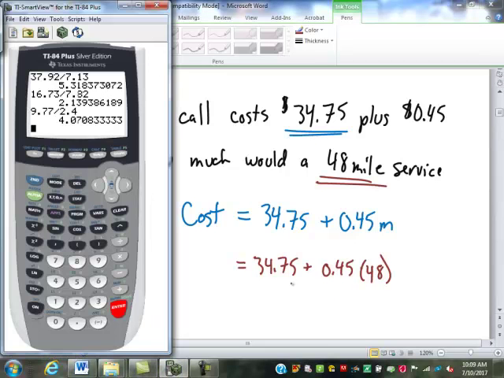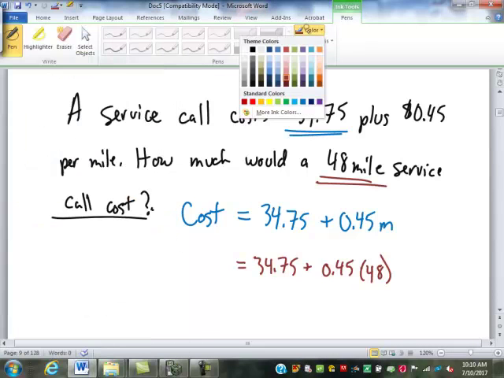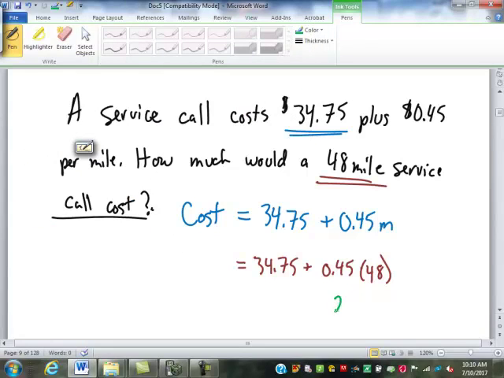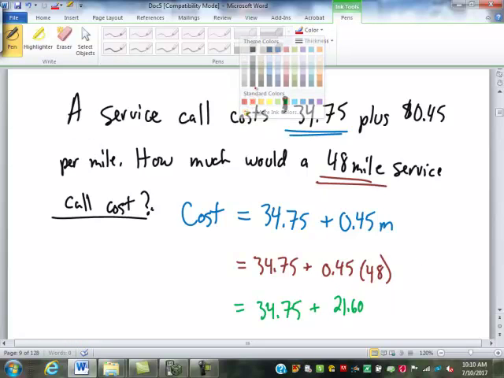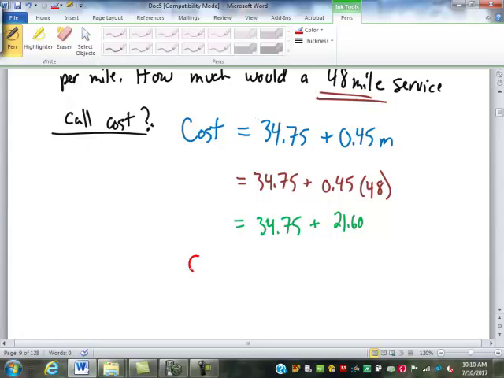So 0.45 times 48 is $21.60. $34.75 plus the $21.60. Our cost is $56.35.